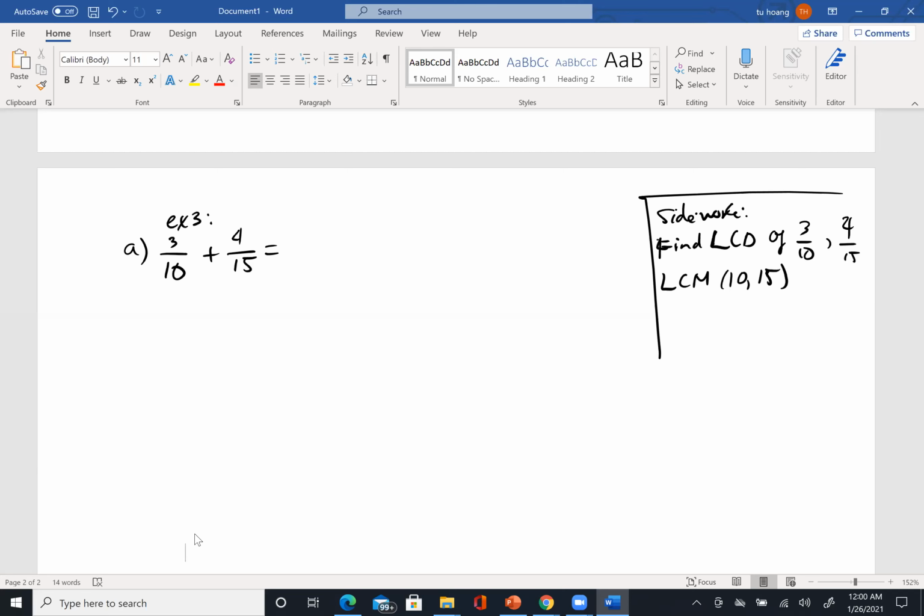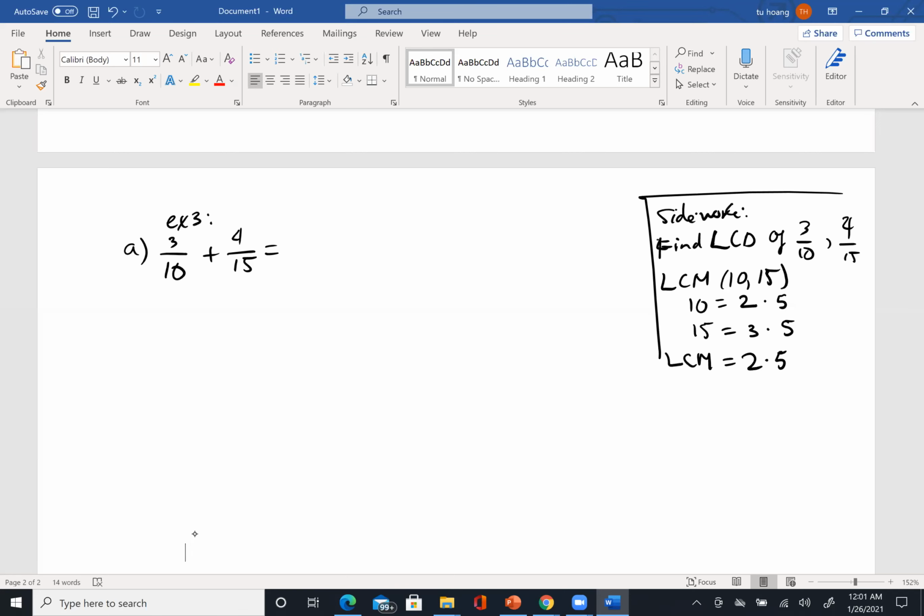So you know that 10 can be equal to 2 times 5. And 15 can be rewritten as 3 times 5, right? So the LCM or LCD will be equal to: factor number 2 has only one time, factor number 5 has only one time appearing for each case here.